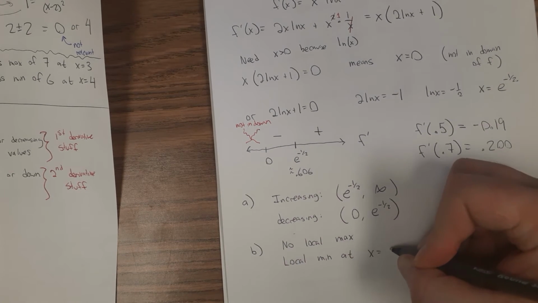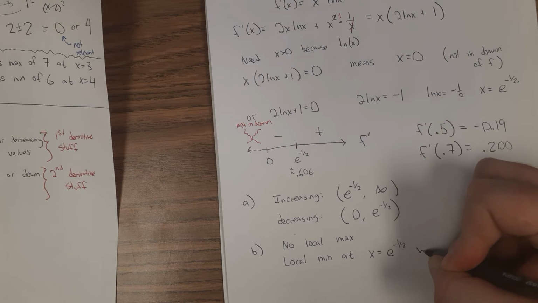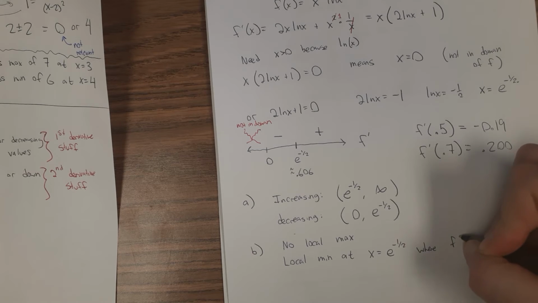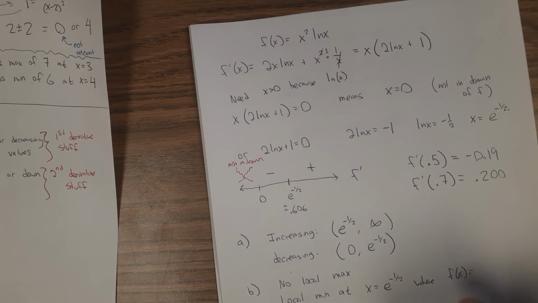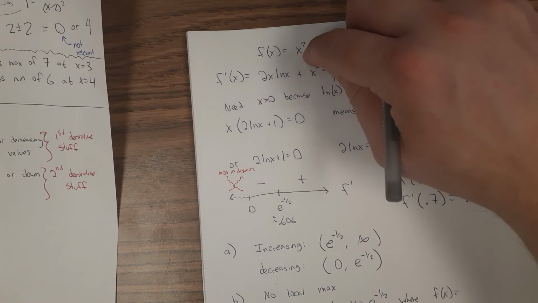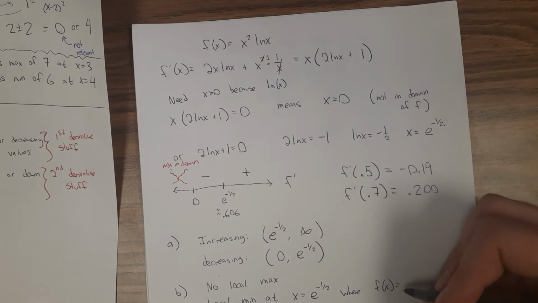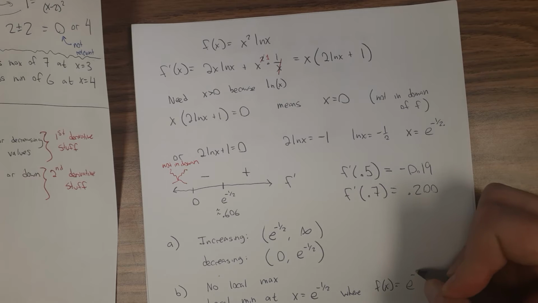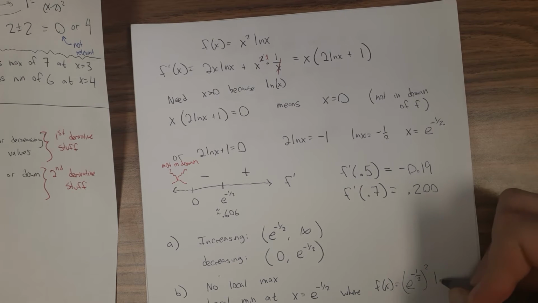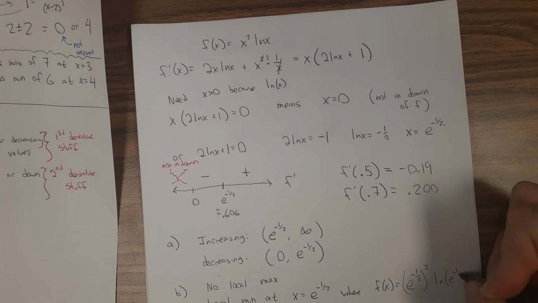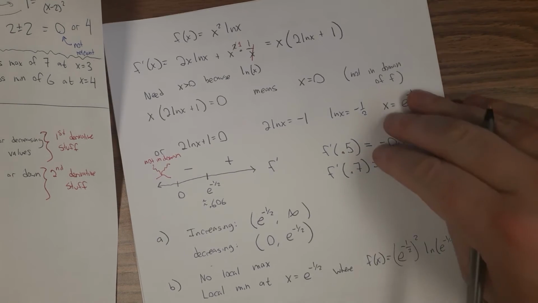I see a local min at x equals e to the negative 1/2, where f of x, I should say the value of f of x, because if I put that into the original function, I'm going to get e to the minus 1/2 squared natural log of e to the minus 1/2.